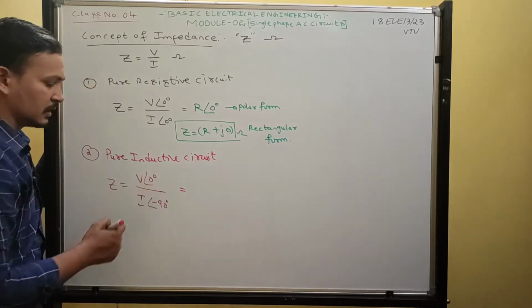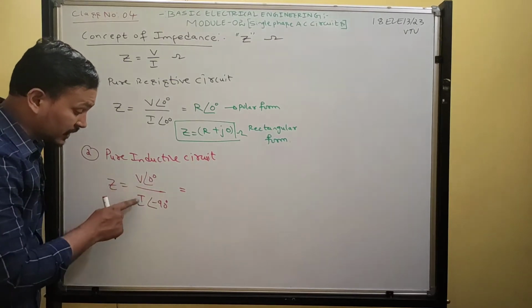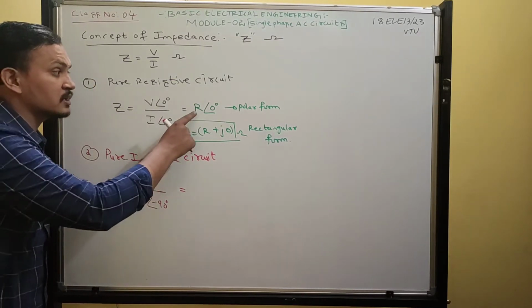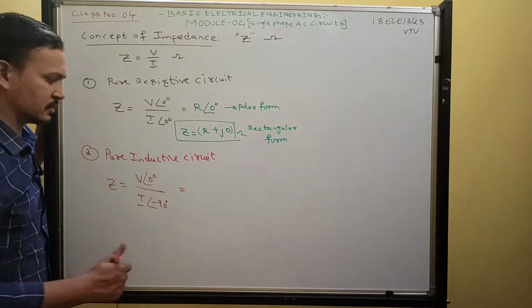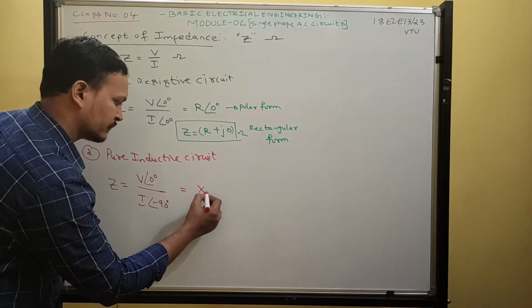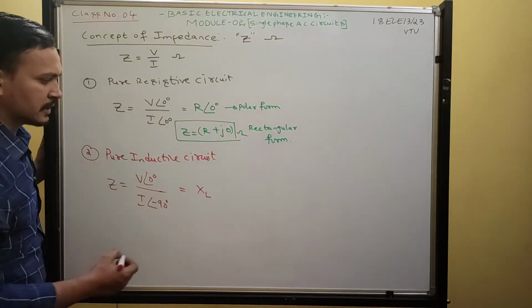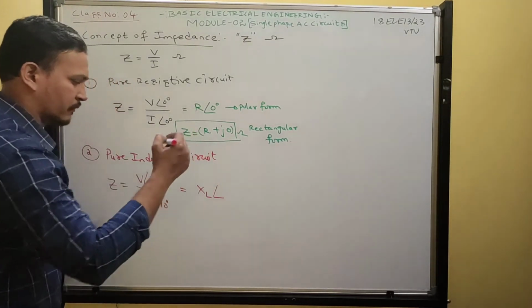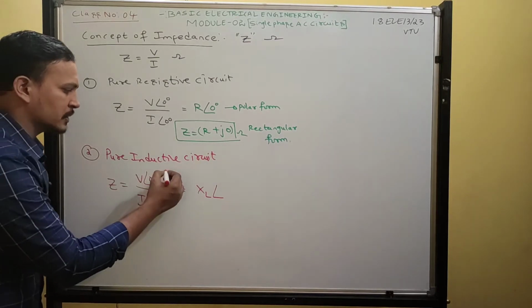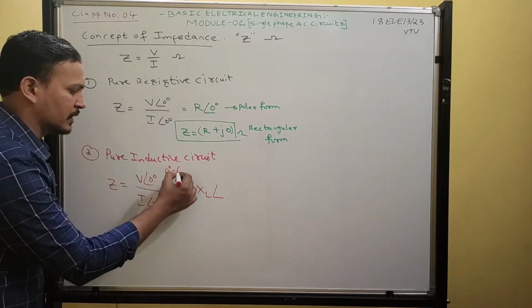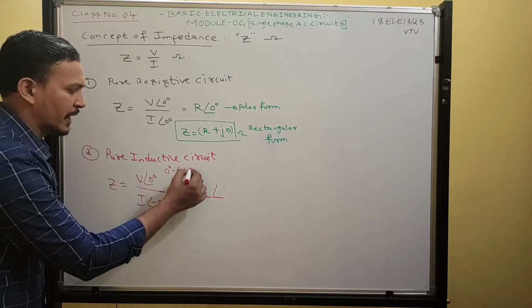Now under this condition, for the ratio of voltage by current, don't write R. You should write the inductive reactance, XL, at an angle of upper angle minus lower angle. The upper angle is 0 degree, minus the lower angle, which is minus 90.